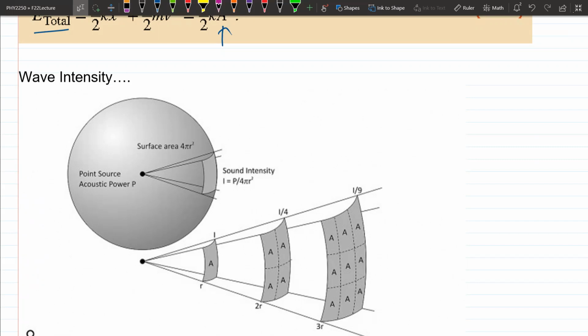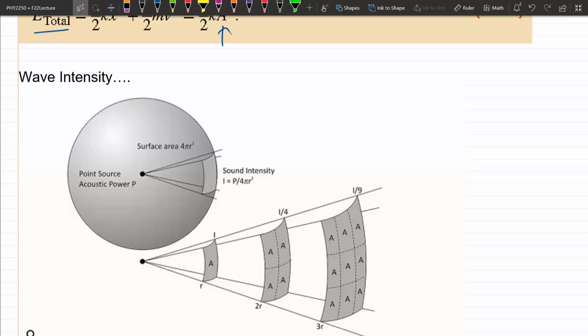To figure out how intense a wave is, imagine you have a source of the wave, like the car in the parking lot playing loud music. As the sound wave propagates outward, the same amount of power is distributed amongst a bigger and bigger sphere. That makes sense?